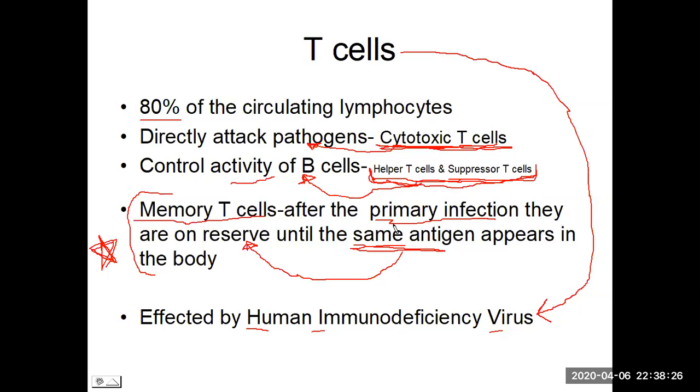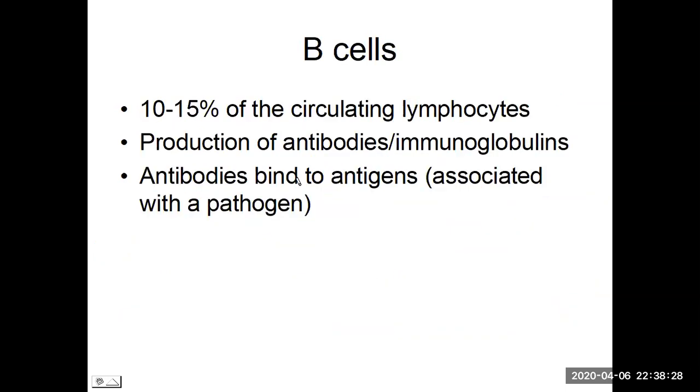So now let's move on to the second category, the B cells. So we said they're stimulated by helper and suppressor T cells to do their job, and their function is to produce antibodies. So now we're able to produce a specific antibody that's developed by these B cells for a specific type of infection.